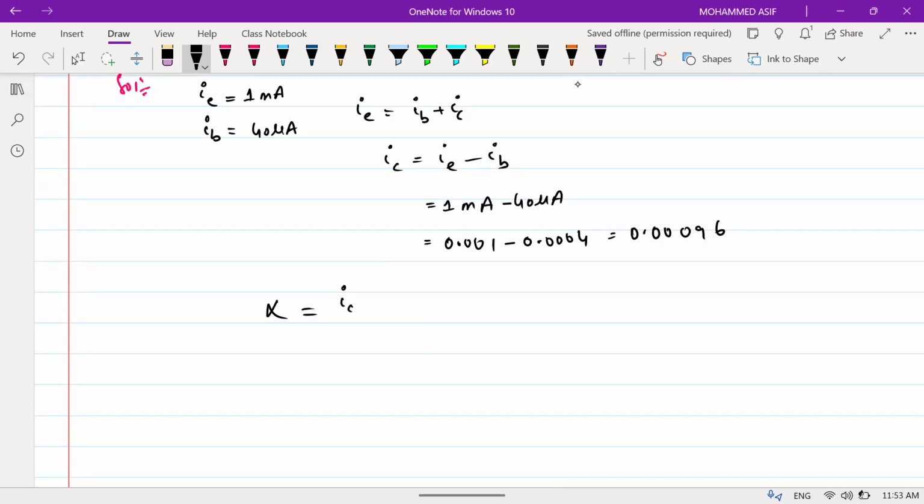Once I know that, I can calculate the current amplification factor alpha. Alpha is equal to collector current divided by emitter current. Collector current is 0.00096, divided by emitter current 0.001. Simplify this and we get the answer.